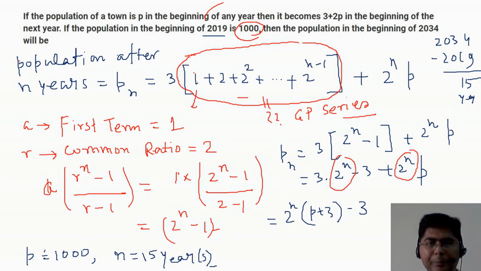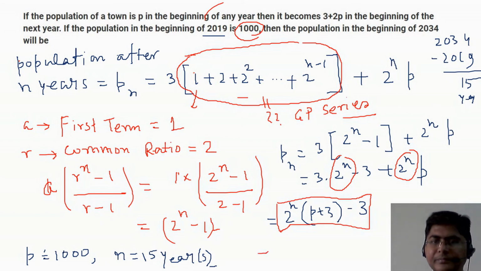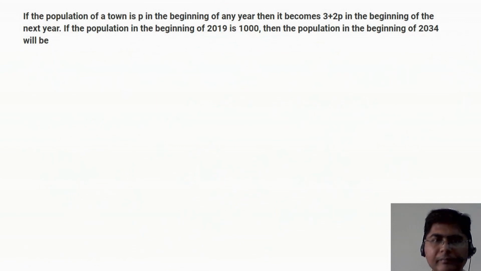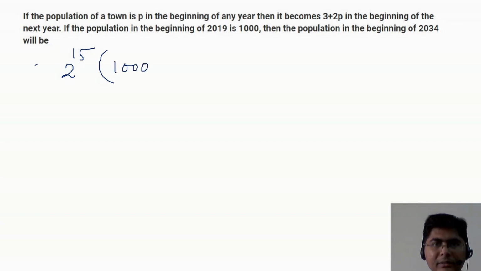Now putting this value P is equal to 1000 and N is equal to 15 in this equation, how much am I getting? 2 to the power 15 times (P means 1000 plus 3), and then minus 3.